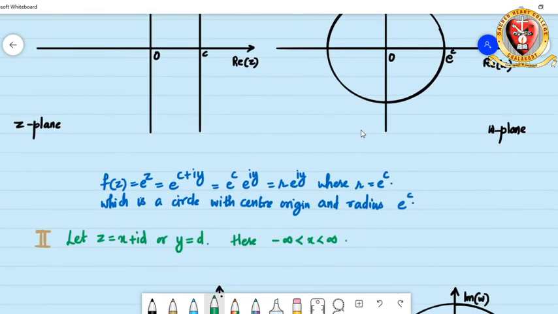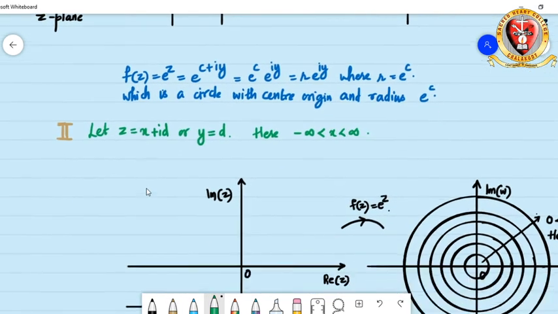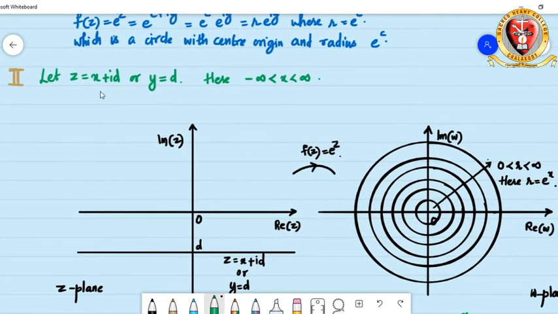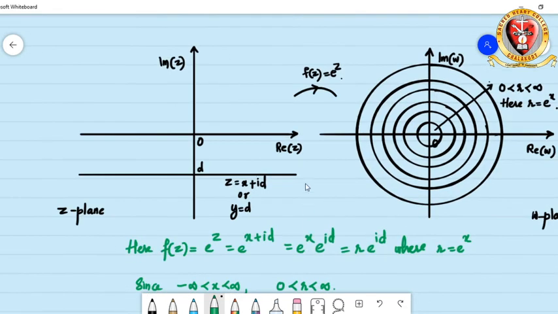Here we are taking z is equal to x plus id, that is, y is equal to d, and here x is varying from minus infinity to infinity. So when we are drawing the domain set, this horizontal line will be y is equal to d, or z is equal to x plus id.